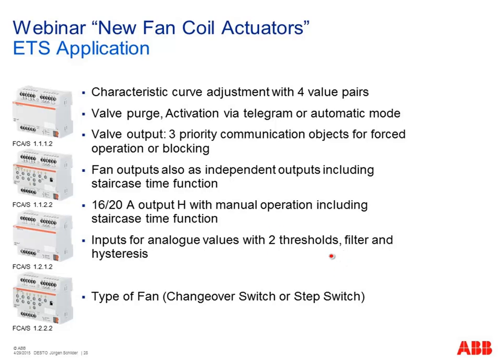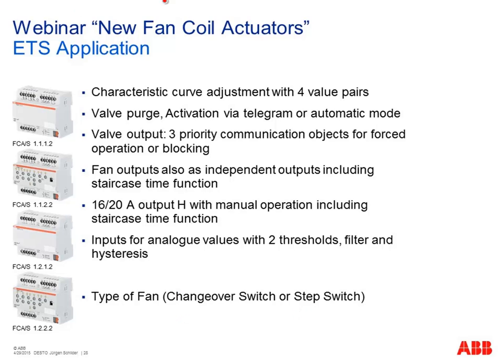For example, we can program thresholds, 2 thresholds here. And also filtering is possible, means out of a certain number of measurements, we create a mean value to filter out any wrongly measured values, for example, and also hysteresis function with the thresholds is possible. And here the type of fan, neither new but very important, can be adjusted: changeover switch or step switch.